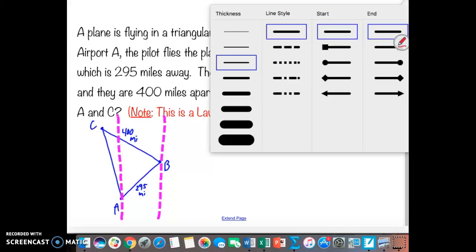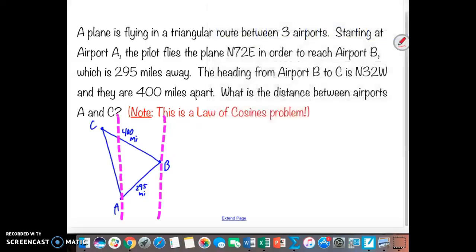They're just 2 vertical lines. So I apologize, they don't look perfect. But the angle that's made with the vertical line and the right-hand blue line that is heading to angle B is 72 degrees. And that is what north 72 east is telling us.